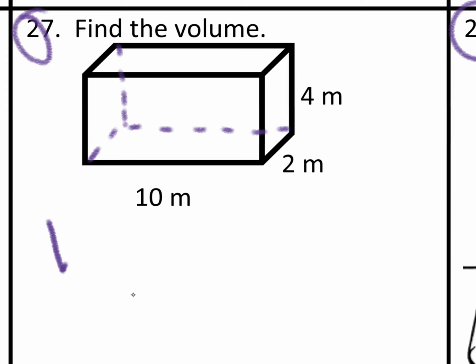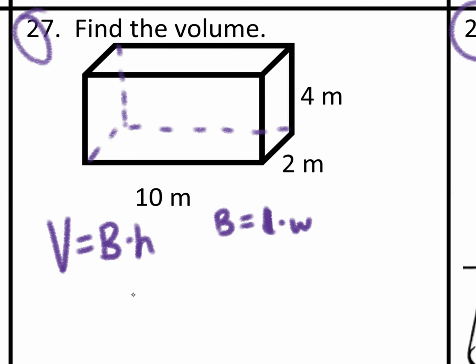This formula is not on your formula sheet, because they expect you to know this one. It's just the area of the base times the height. Now we know that the area of the base is a rectangle, so we just take the length of the base times the width. So what we really get for our volume is volume equals length times width times height.